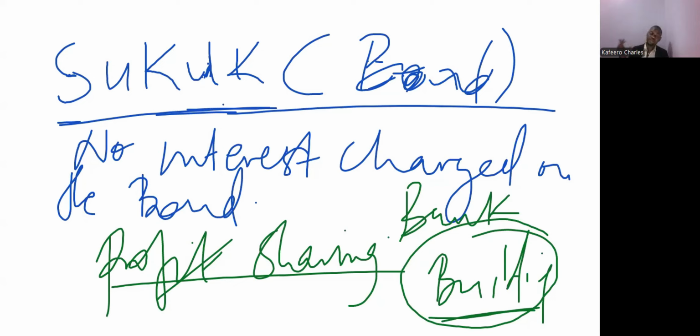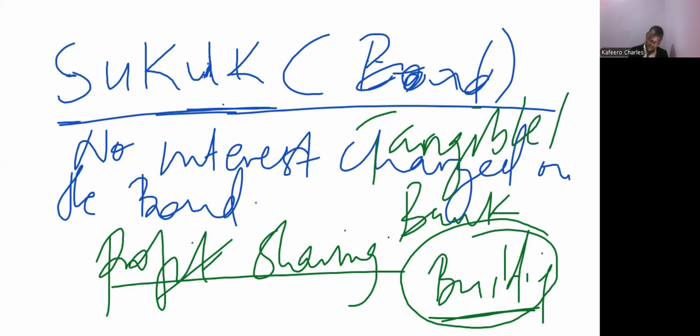But what happens in the other commercial banks is a bit different from what they do here. In these sukuk bonds, these are going to be linked to underlying tangible assets.